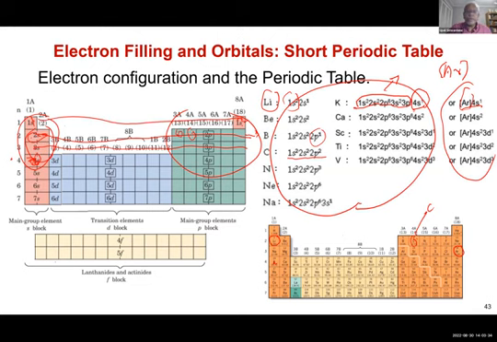Before potassium was argon. Before lithium, it was neon. So it depends on where the element is found in the periodic table. Do you understand that now?